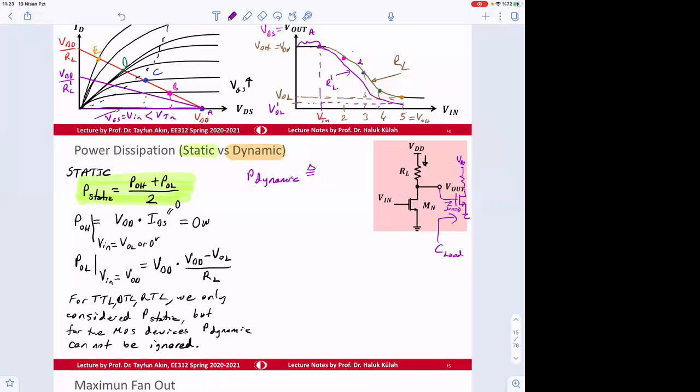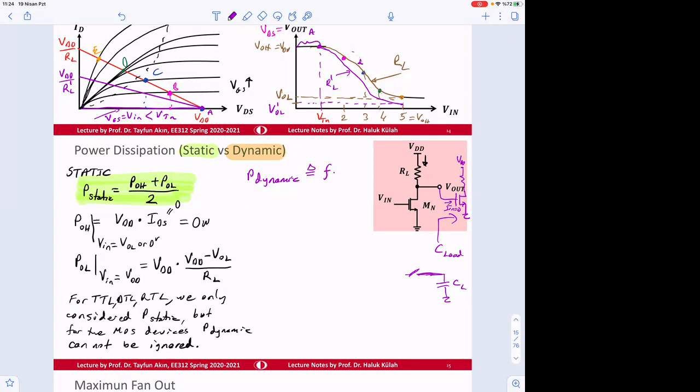When you charge and discharge a capacitor, maybe you learned from your previous courses, let's say you have a switch and a load, and you charge and discharge this capacitor. There's going to be power dissipation, and maybe we can calculate this later on for the CMOS.